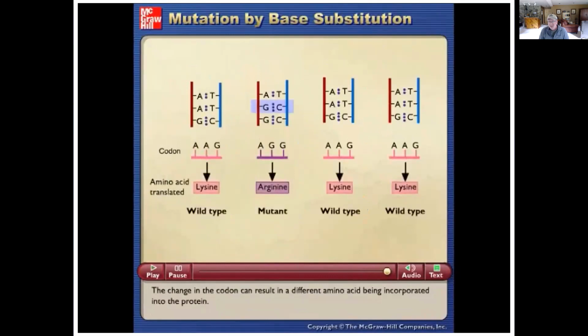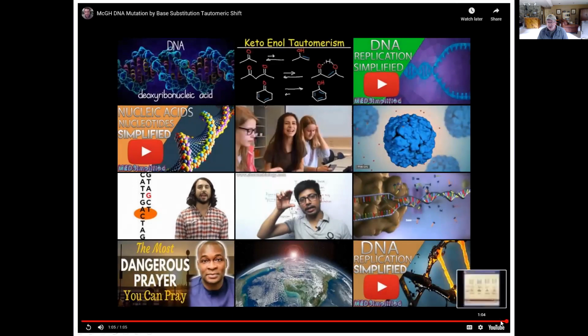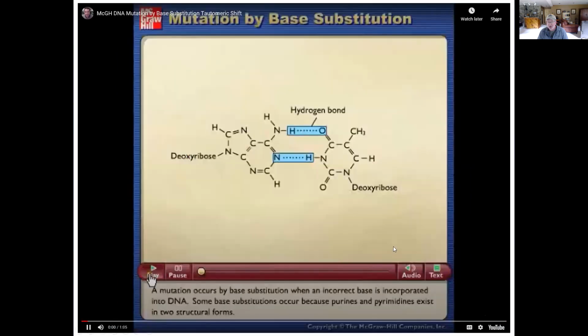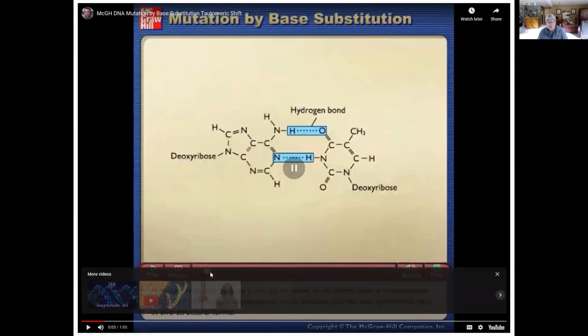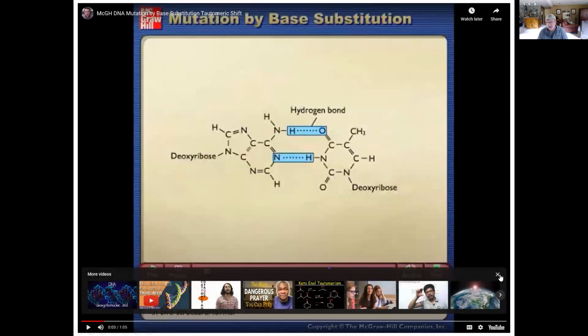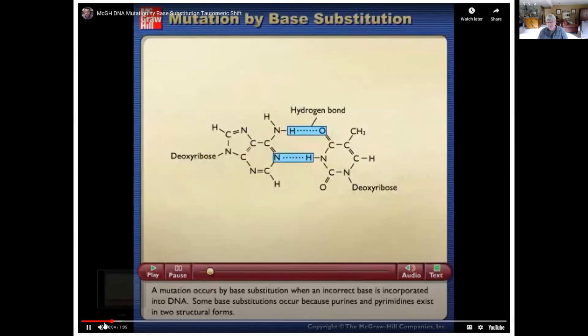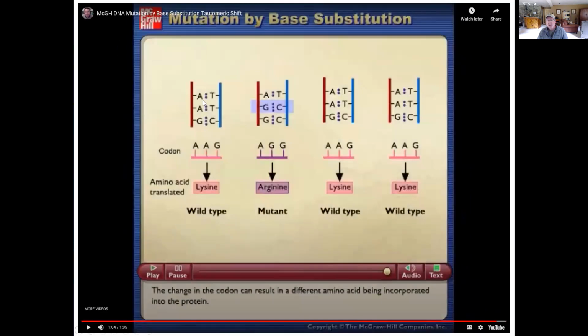So we've said up to this point that we have always had the A opposite T and C opposite G pairing, right? So you go back to this last part of the base substitution video. When an incorrect base... Okay, I'm going to stop it here. You can get these weird combinations on rare occasion as a result of a mutation, where instead of having AT, we have a GC combination.